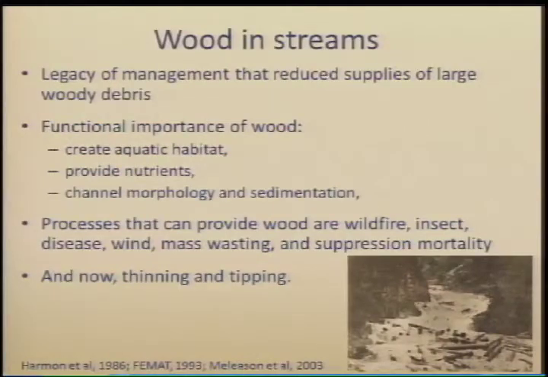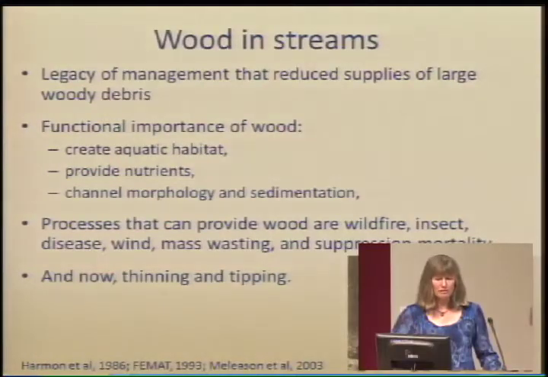I think the previous three speakers set this up pretty nicely about the wood in the streams, but I just want to mention briefly the legacy of management that has reduced the supplies of large woody debris, and how important it is to create aquatic habitat, whether it's improving the channel morphology, holding sediment back, or providing nutrients for fish and macroinvertebrates.